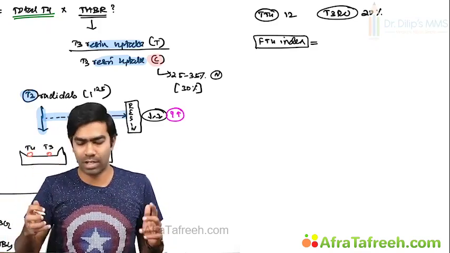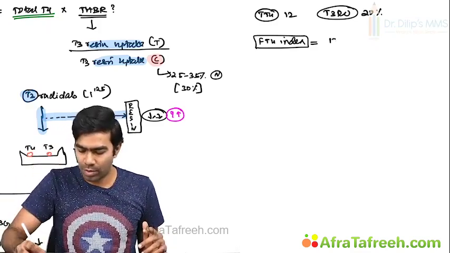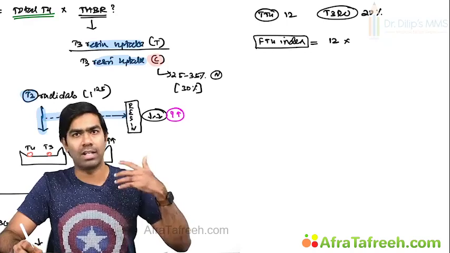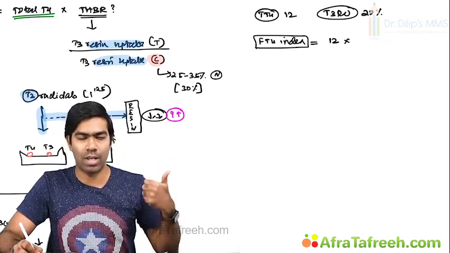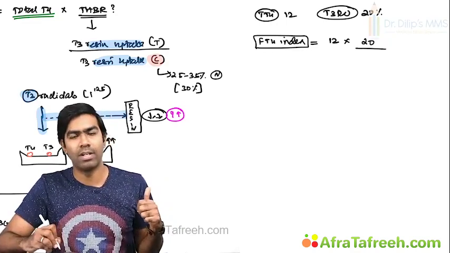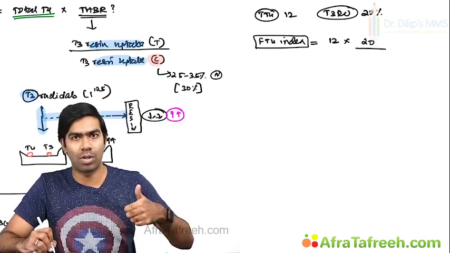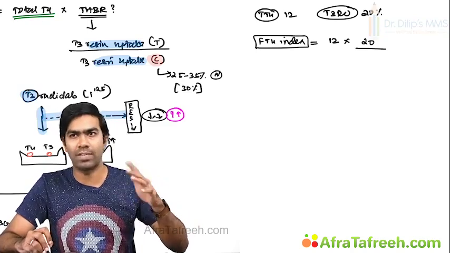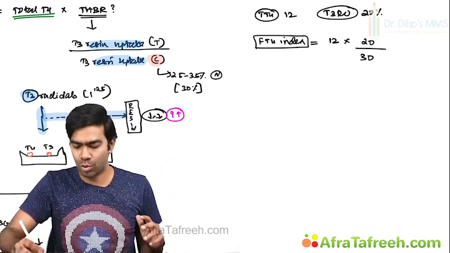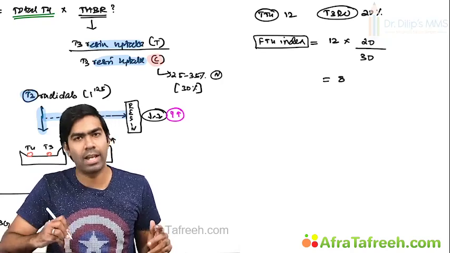So here the total T4 is 12, multiplied by the T3 resin uptake in the test subject, that is the patient, which is 20%, divided by the T3 resin uptake in the control, which is the normal T3 resin uptake that we take as an average of 30%, that is 30 here. So 12 into 2 by 3, you will get approximately 8.